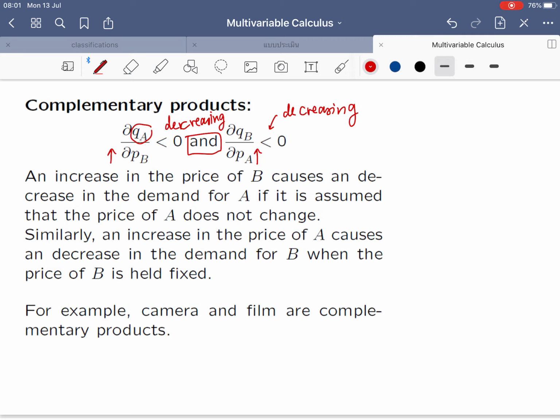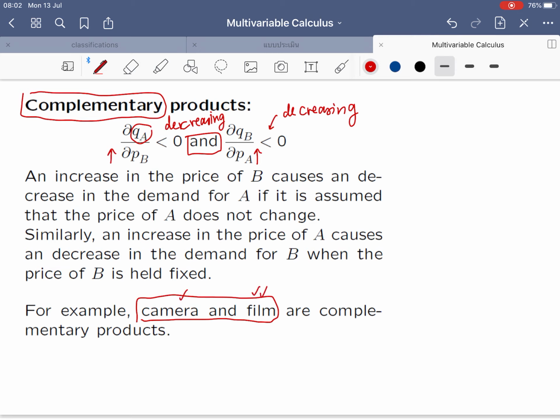So it means that if we use A, we need to use B together. If we use B, we need to use A together. So these two products are complementary. If you want it, you need it as a pair, you need it together. For example, even though for the last few years this example may be obsolete, right now people have come to use it again: the camera and the film.